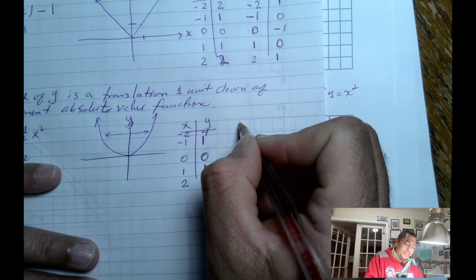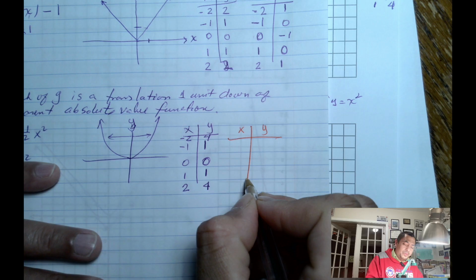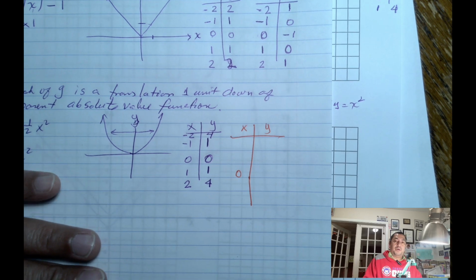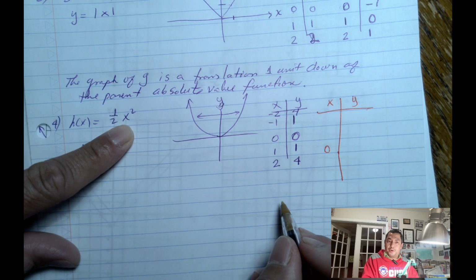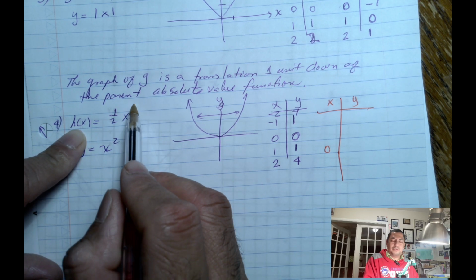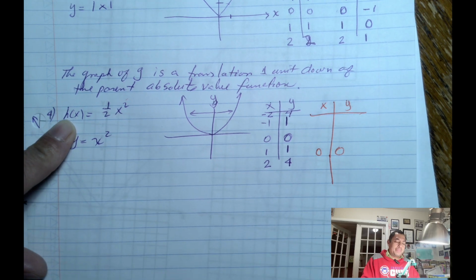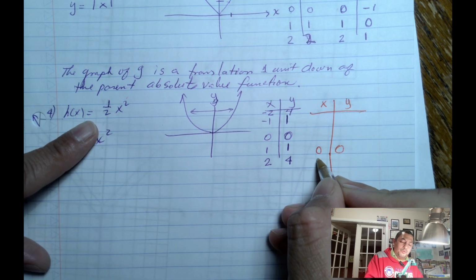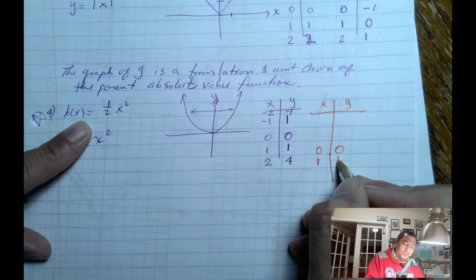What happens? Okay, x, y. So I'm going to put 0 here. When x is equal to 0, h(x) is equal to 0 because 0 to the second power is 0 times 1/2 is 0. Then when x is equal to 1, 1 to the second power is 1 times 1/2 is 1/2.